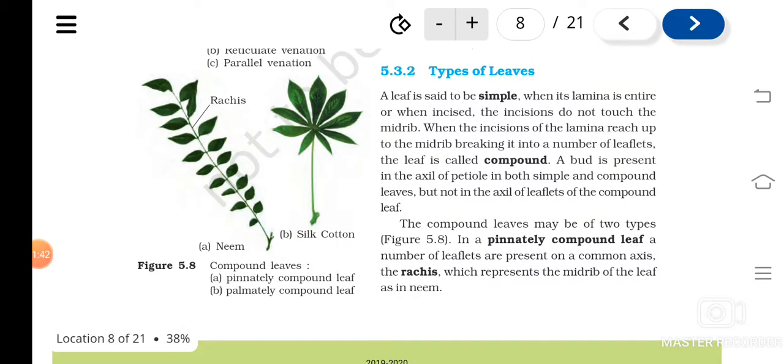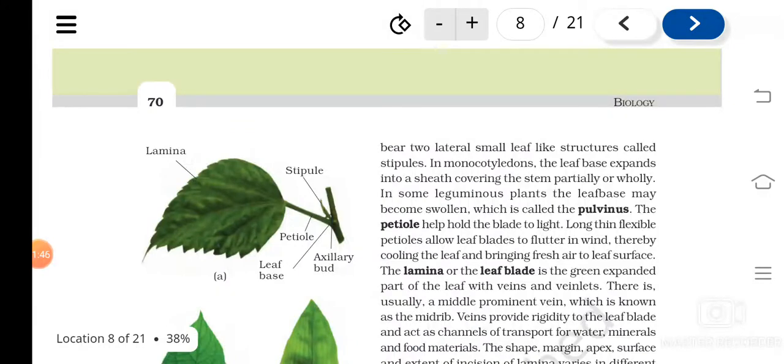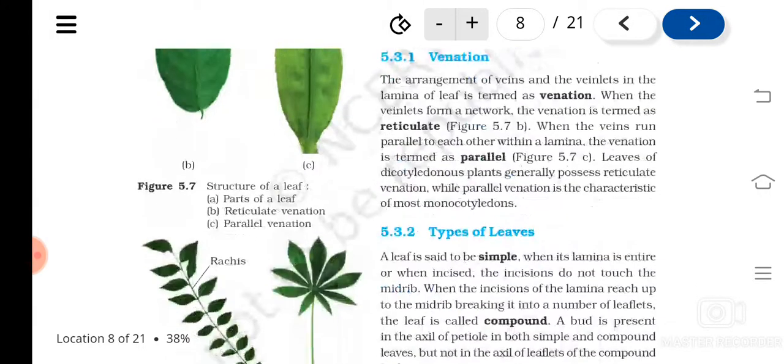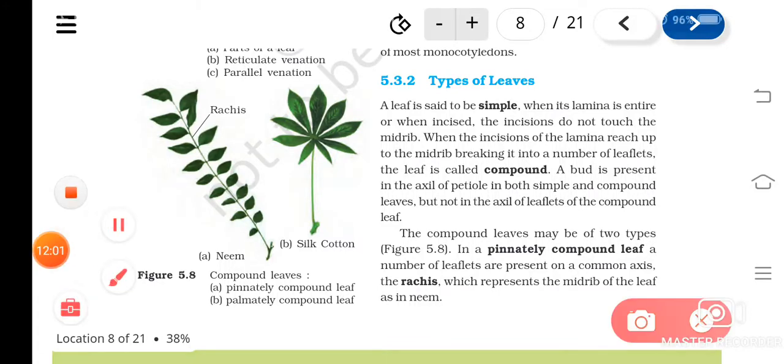Now leaves can be simple as in the case of this. Okay, this is a simple leaf, isn't it, in hibiscus, and it can be compound leaves, meaning they are made up of a number of leaflets. These types of leaves are known as compound leaves. Clear? You can see in the diagram.